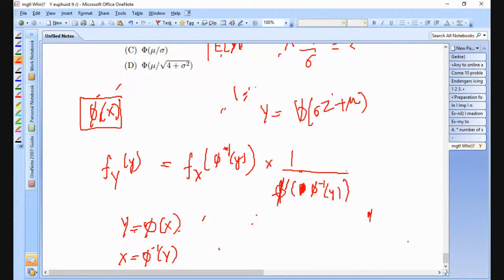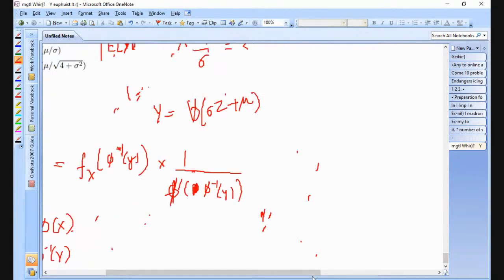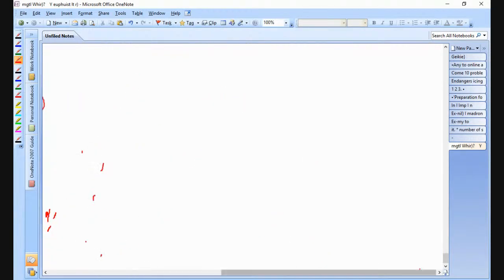Is this part okay? Just check it out, guys. Perfect. Now you know phi dash is the standard normal. The problematic part is that you don't know the phi inverse.